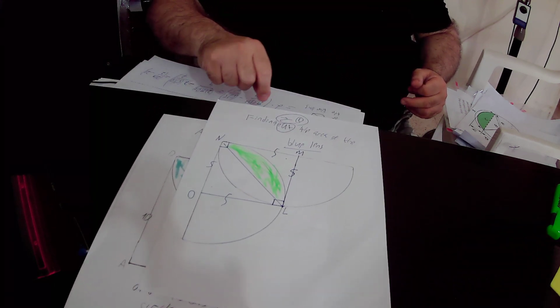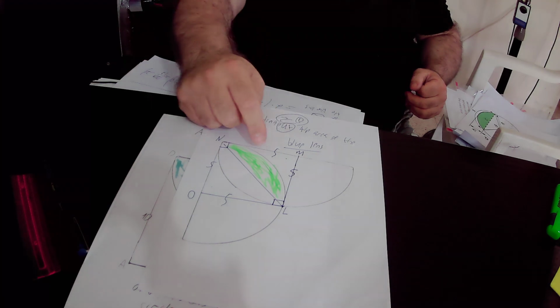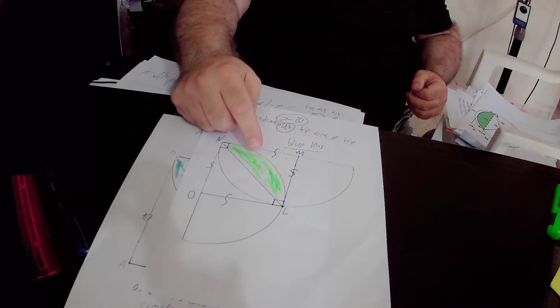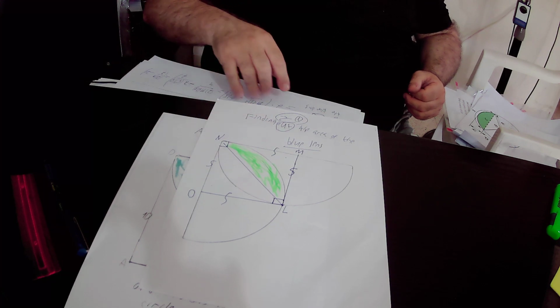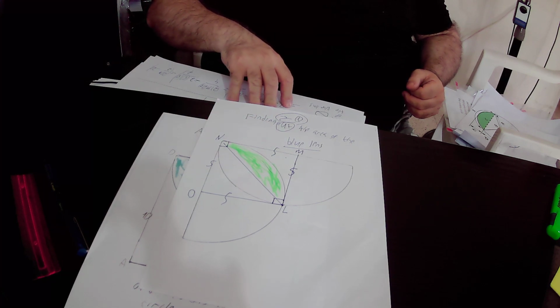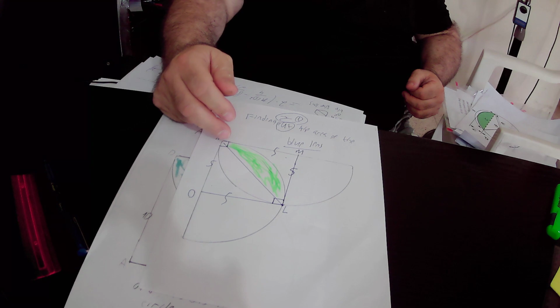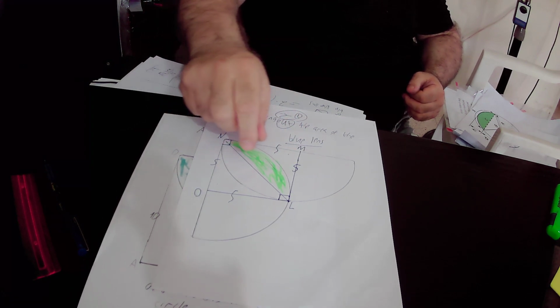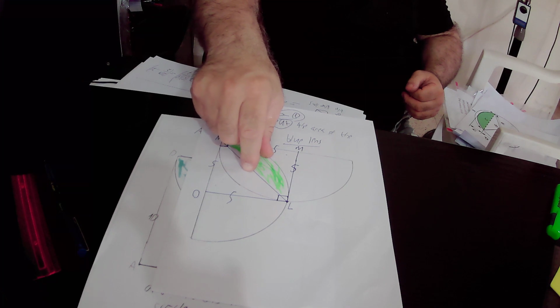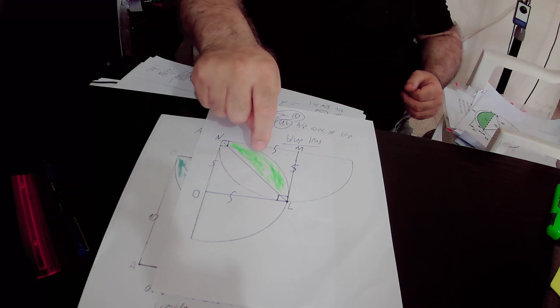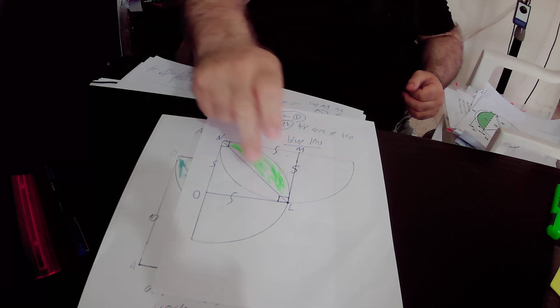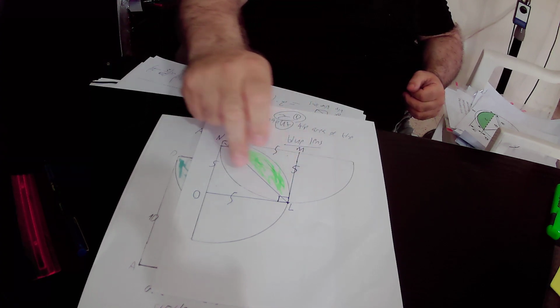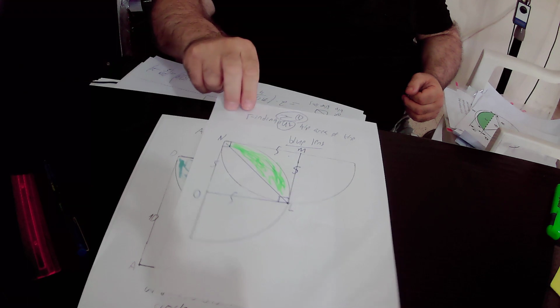Okay, so first of all, we calculated the area of the upper circular segment, and then we multiplied by 2 in order to get the area of the blue lens, because those two circular segments are identical.